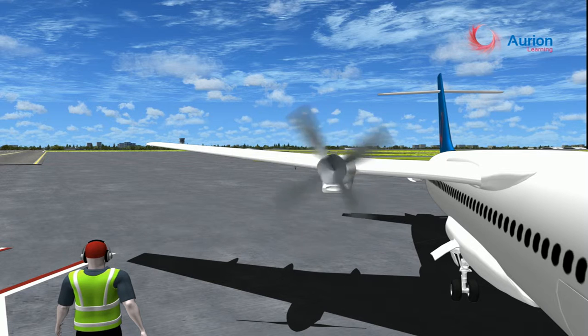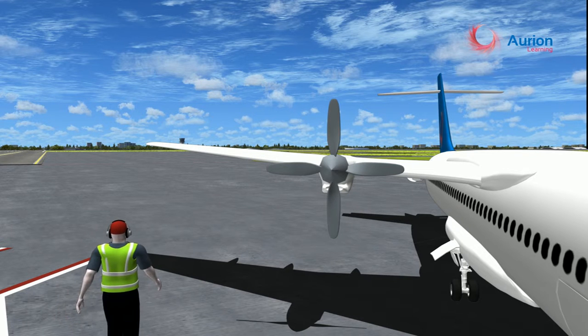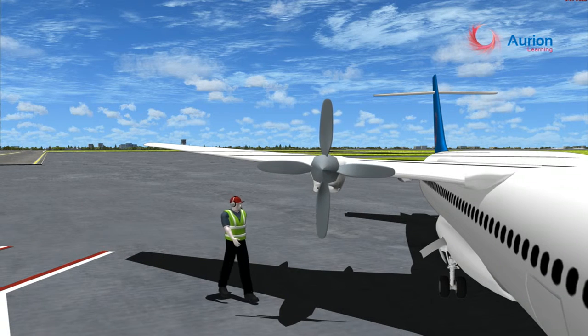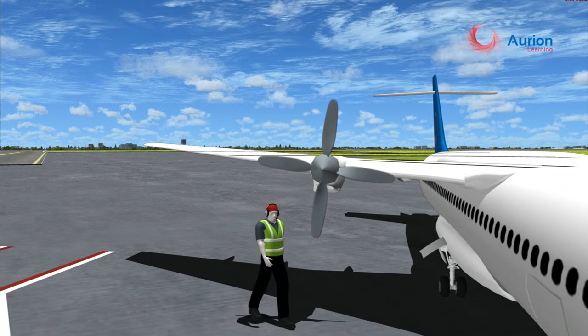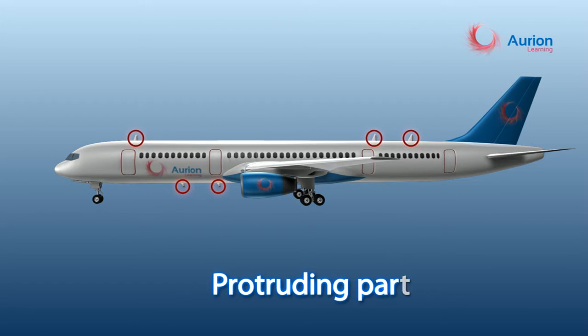All ground staff should follow extreme caution when approaching the aircraft, only after the propellers have completely stopped moving. Never walk between the propellers, even when stationary. All the protruding parts of an aircraft can present a safety hazard and can cause serious injuries. You must be very cautious when you are around these dangerous areas in the vicinity of the aircraft.